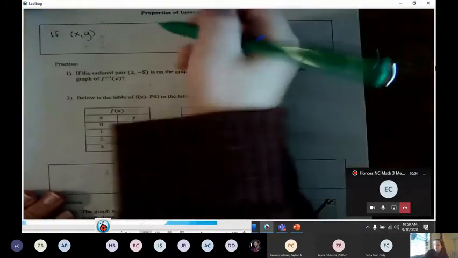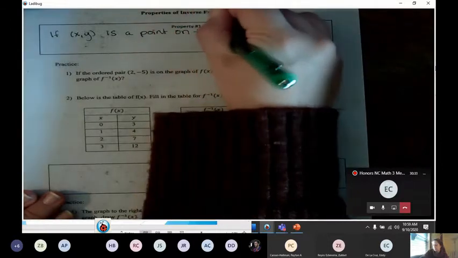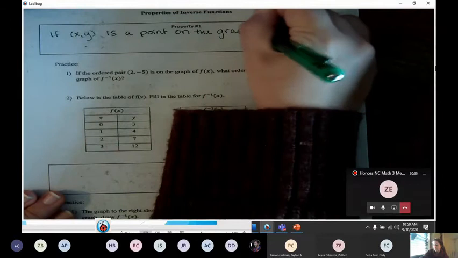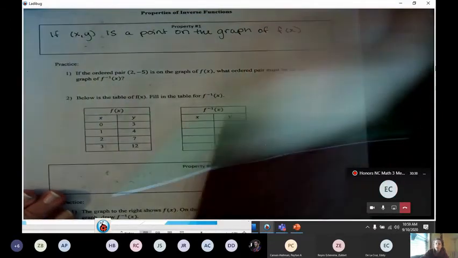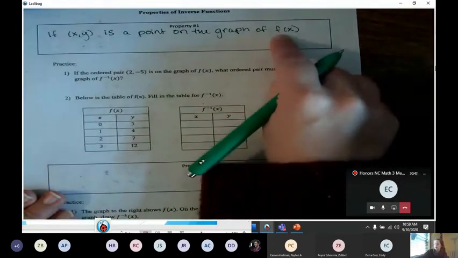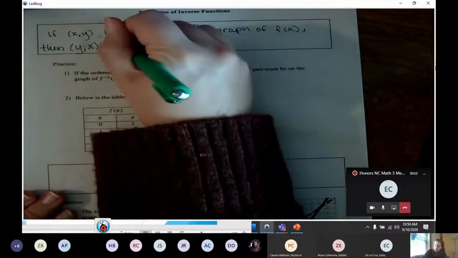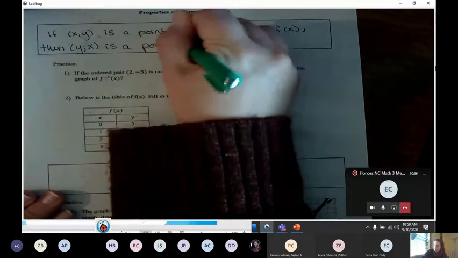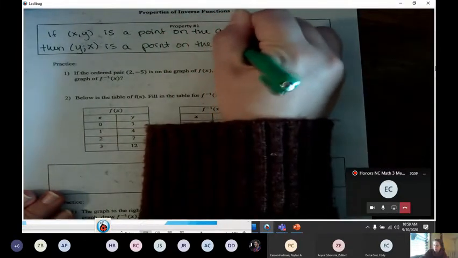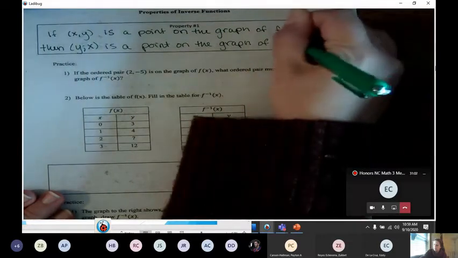If x comma y is a point on the graph of f of x, okay, so x, y is on f of x, then y comma x is a point on the graph of f inverse of x.